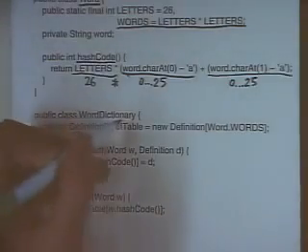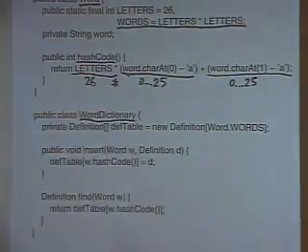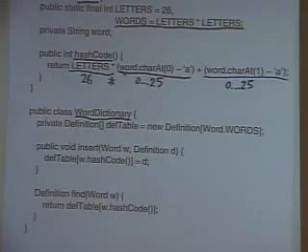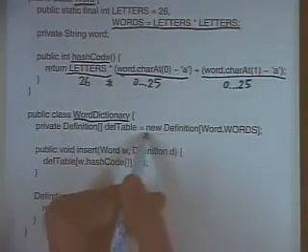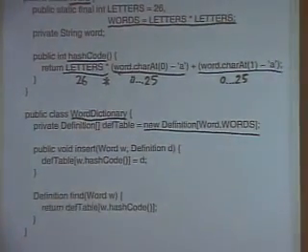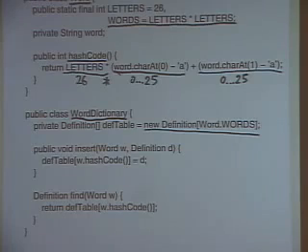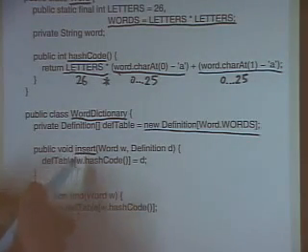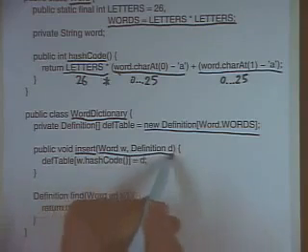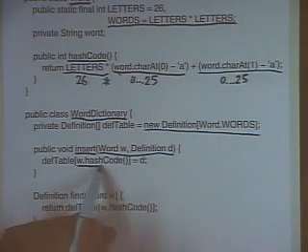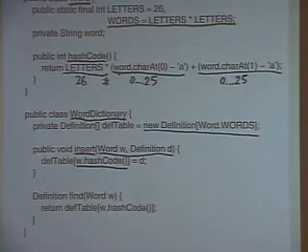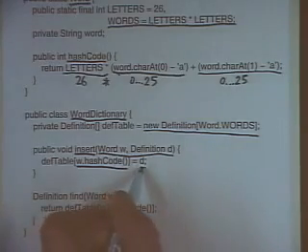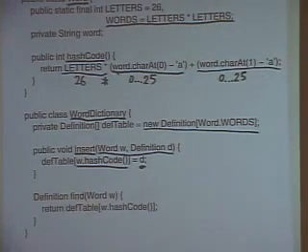Now, here's our dictionary class. The way our dictionary works is we just create a table right from the start with room for every possible word that you can get by snapping two letters together. And whenever I want to insert a new word along with its definition, I just find the right place to store that word, and then I store the definition in that entry of the table.